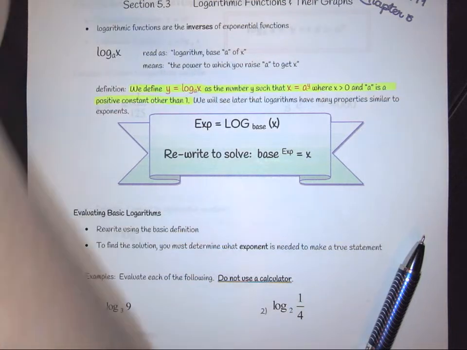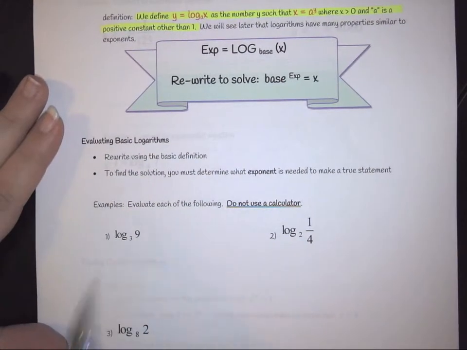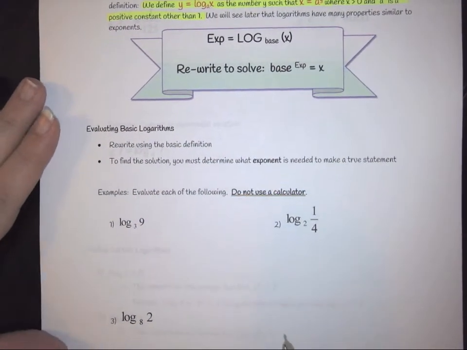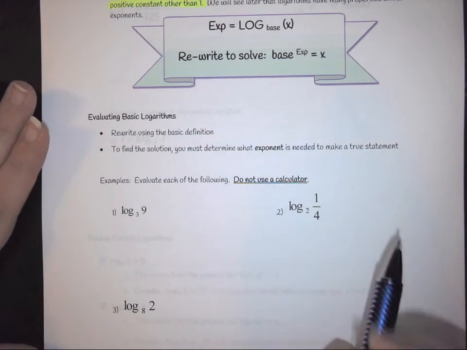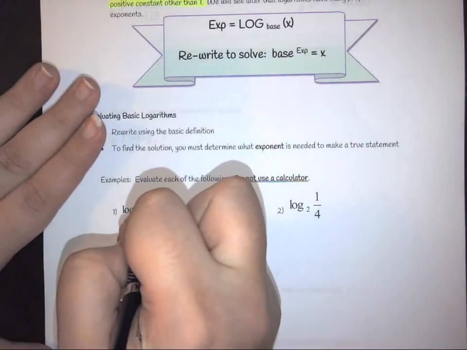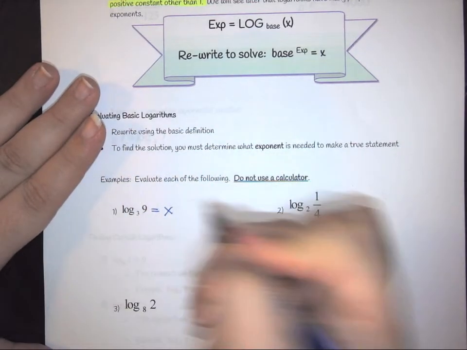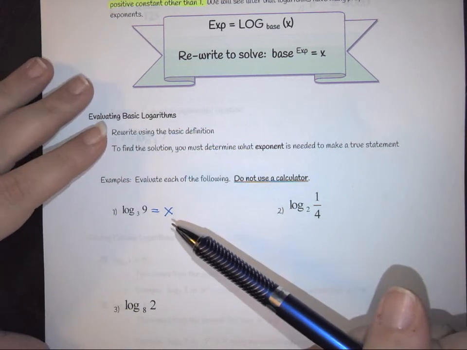Here we have the log base 3 of 9. We want to evaluate, and it clearly says do not use a calculator. So this expression would be set equal to x, so that we can rearrange it into its proper form.